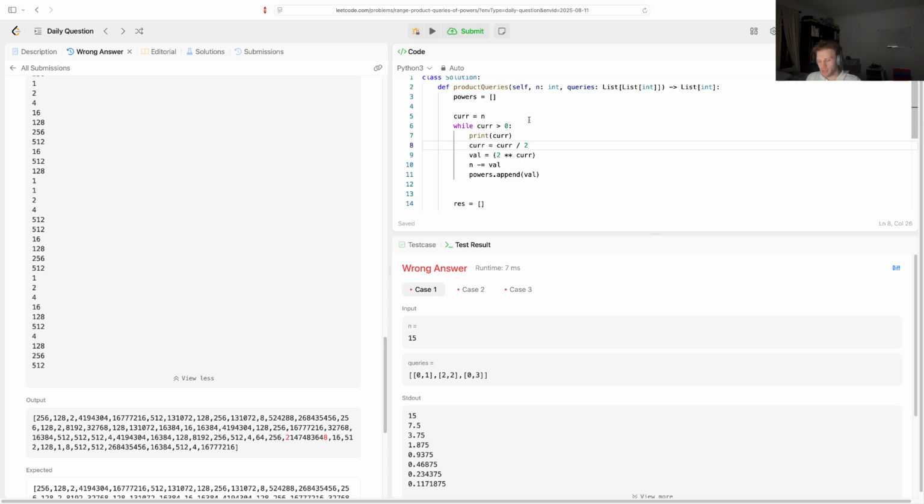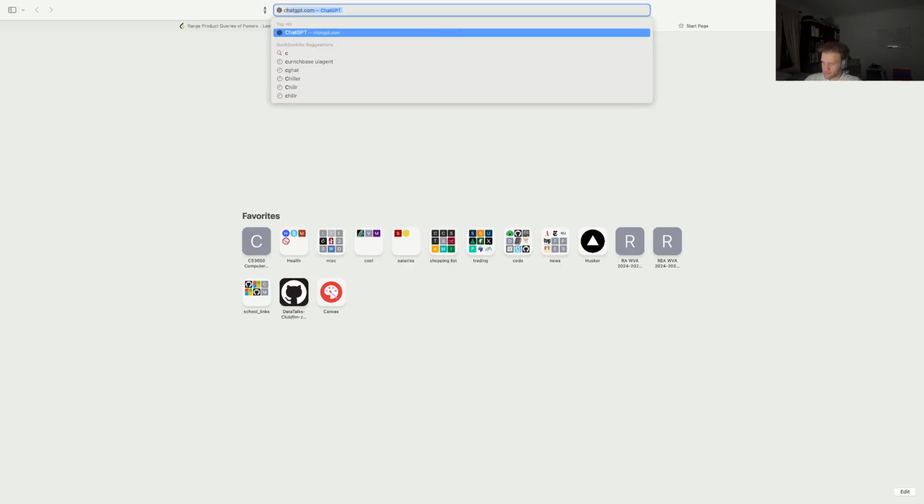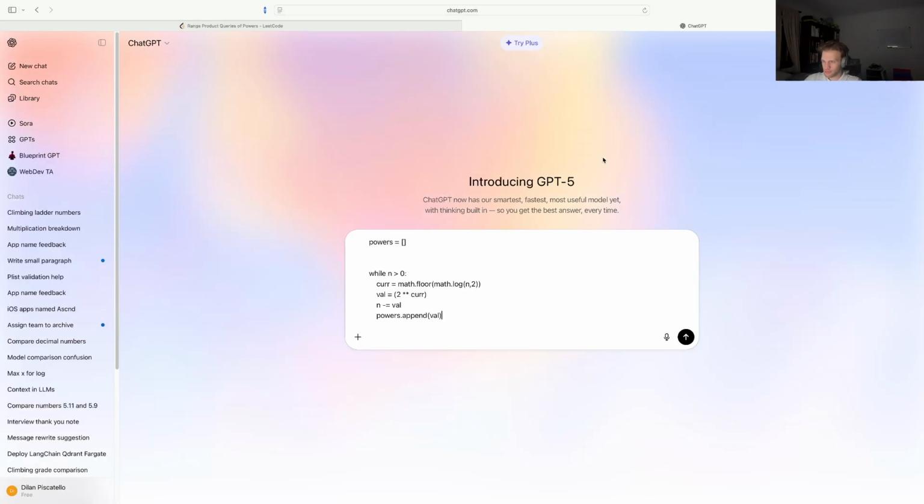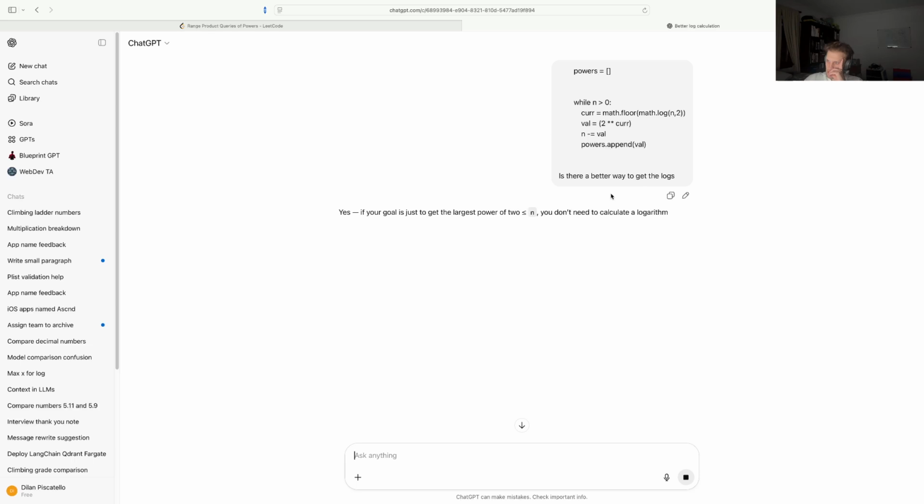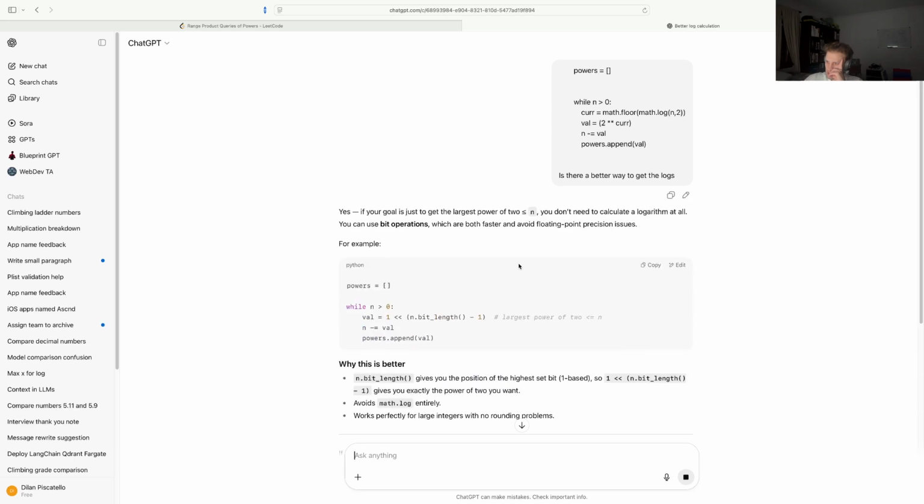Is log the best solution? I don't know if there's a better way to do this, and I'm actually going to GPT this because I'm not sure. Is there a better way to get the logs? I mean, I'm going to cheat here. Ah, we could do the bitwise.